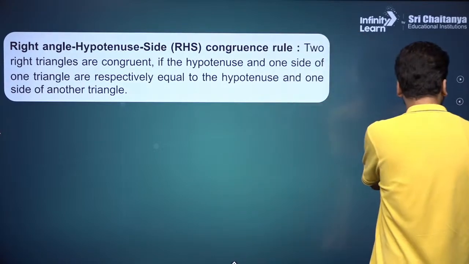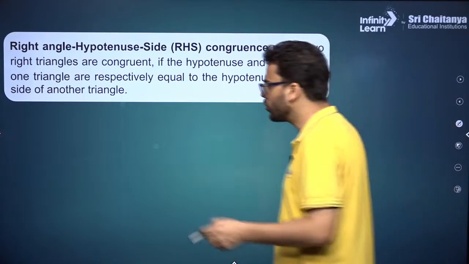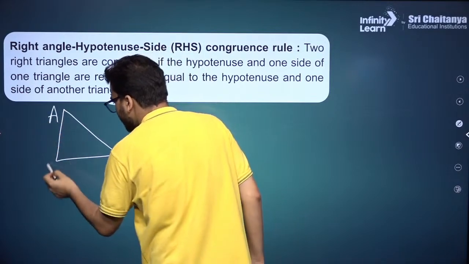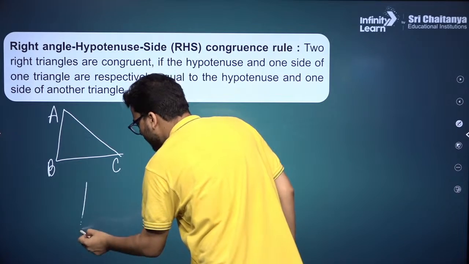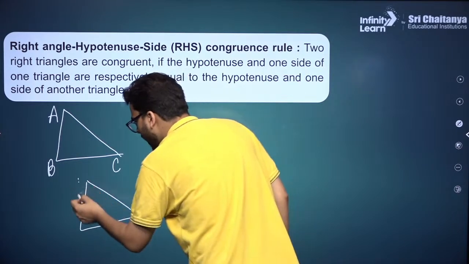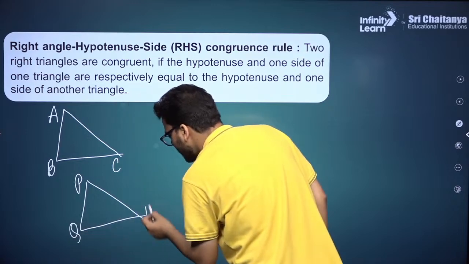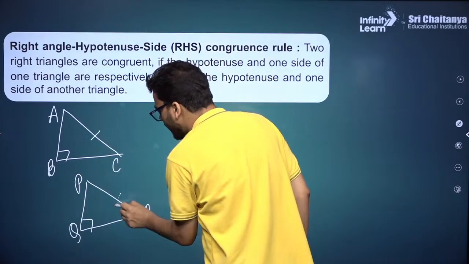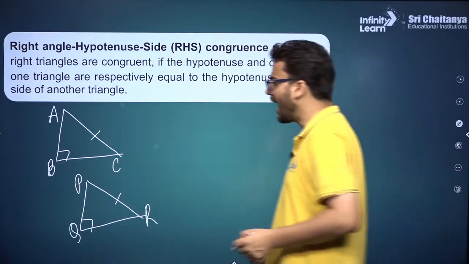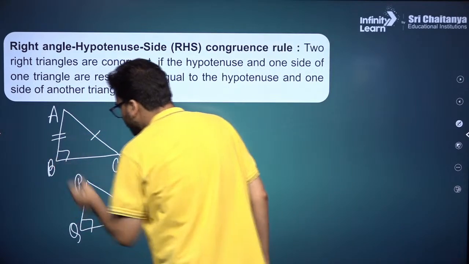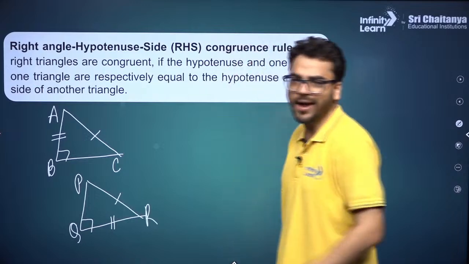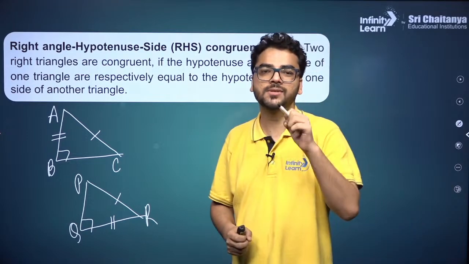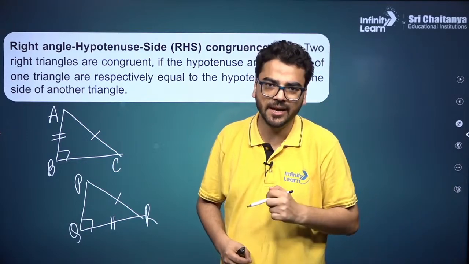Suppose I have got this triangle ABC and this another right angle triangle PQR, and in these two right angle triangles one angle is obviously right angle, their hypotenuse are equal, and a side apart from the hypotenuse, suppose this is equal to this, then these two triangles are congruent by RHS congruency criterion. Right angle, hypotenuse, side.